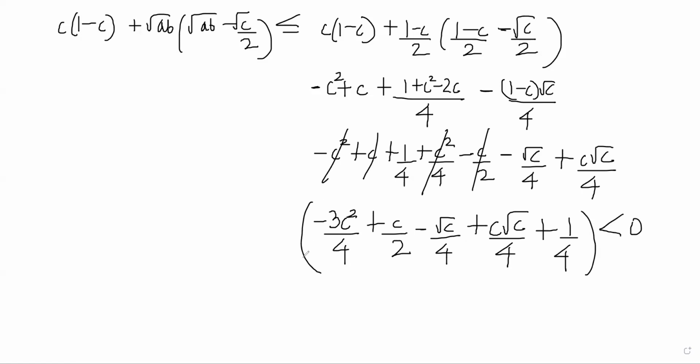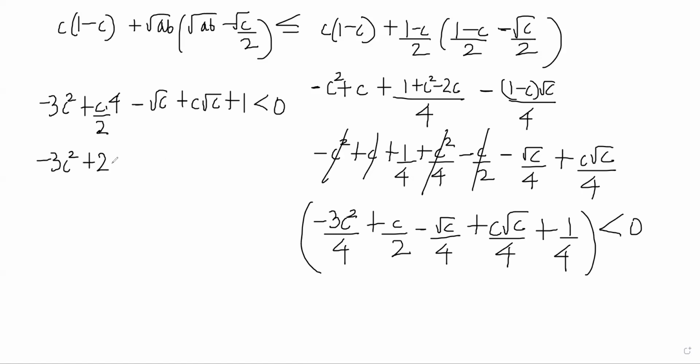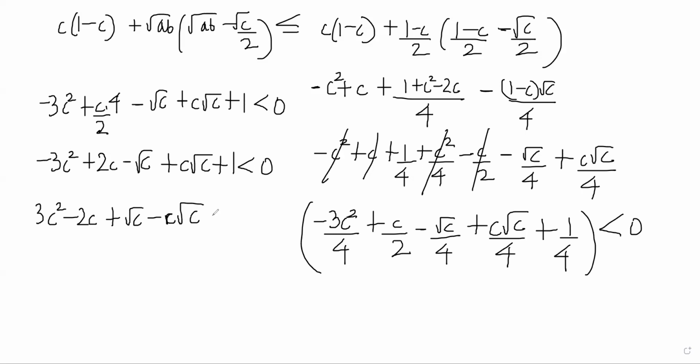So if I multiply by 4 throughout, I get minus 3c square plus c by 2 into 4 minus root c plus c root c plus 1 is less than 0. So this is minus 3c square plus 2c minus root c plus c root c plus 1 is less than 0. Multiply by minus 1, so we get 3c square minus 2c plus root c minus c root c minus 1 is greater than 0.